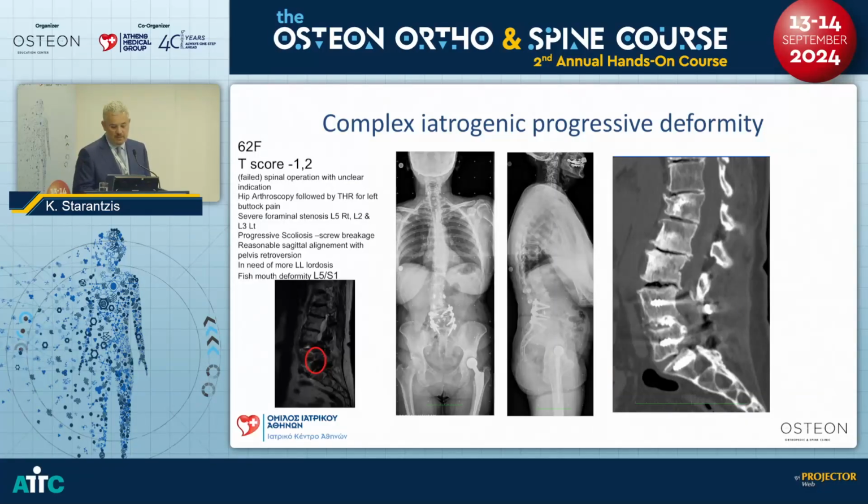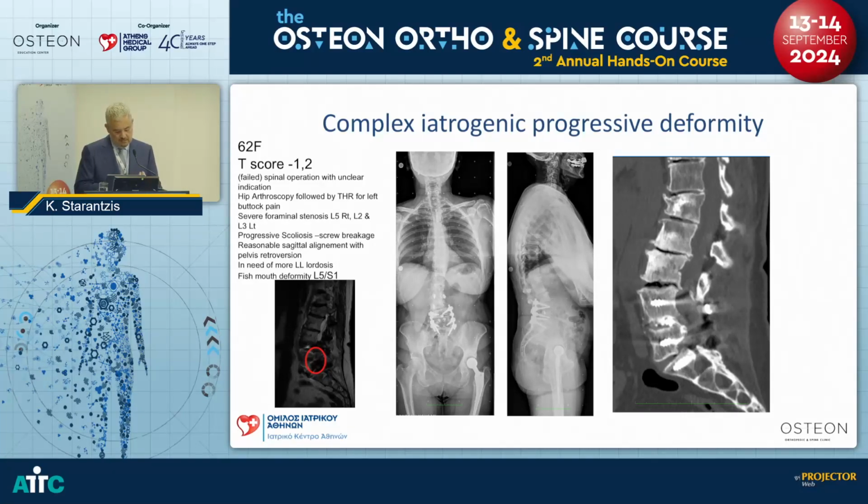Okay. The problems are what you see. Sagittally she is regionally balanced. Coronally, there is some remaining deformity. There is a deformity which is iatrogenic, worse than it was preoperatively, believe me.